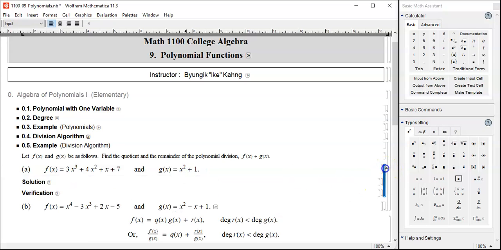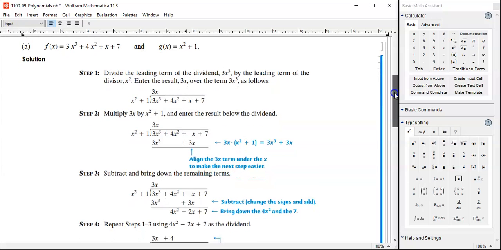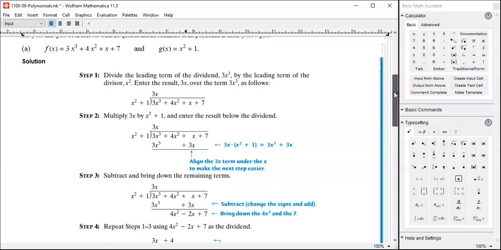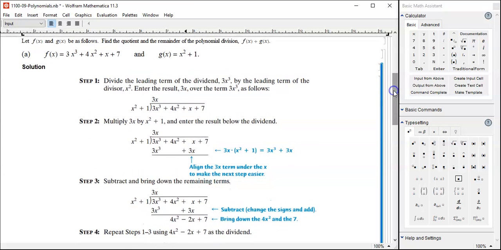Okay, how do we do it? This kind of technique is called long division, and it is analogous, not exactly the same, but analogous to the long division for positive integer arithmetic. So we have the dividend here, and then the divisor to the left. f of x is here, g of x is there.